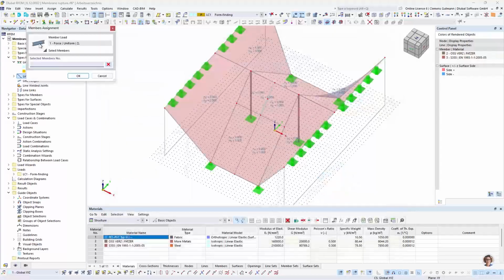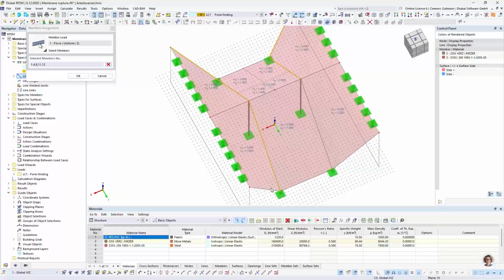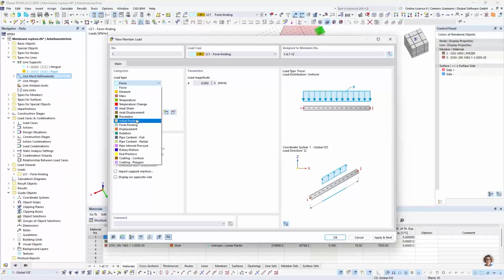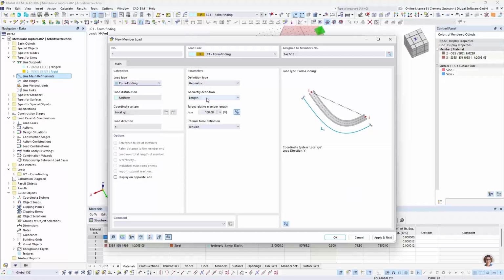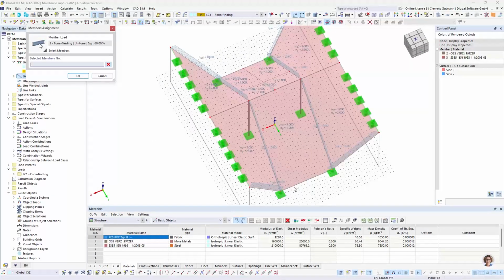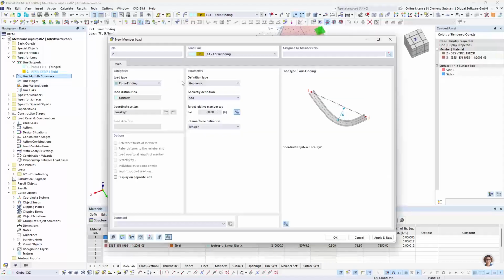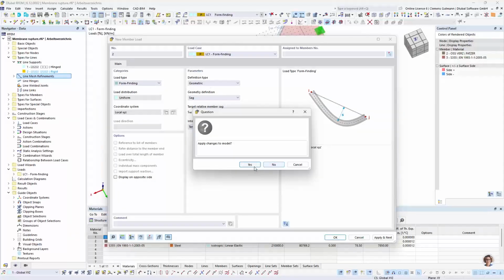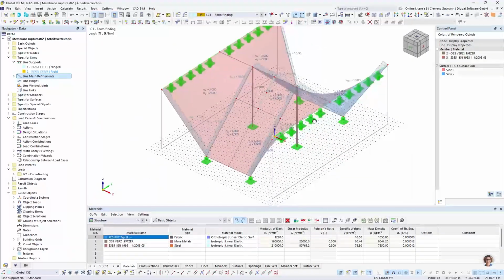and then I have these. With a sag definition of 10% of the length. Apply. Then for these arches, I want a little bit more, 60%. Oh, I forgot to model them. Apparently.